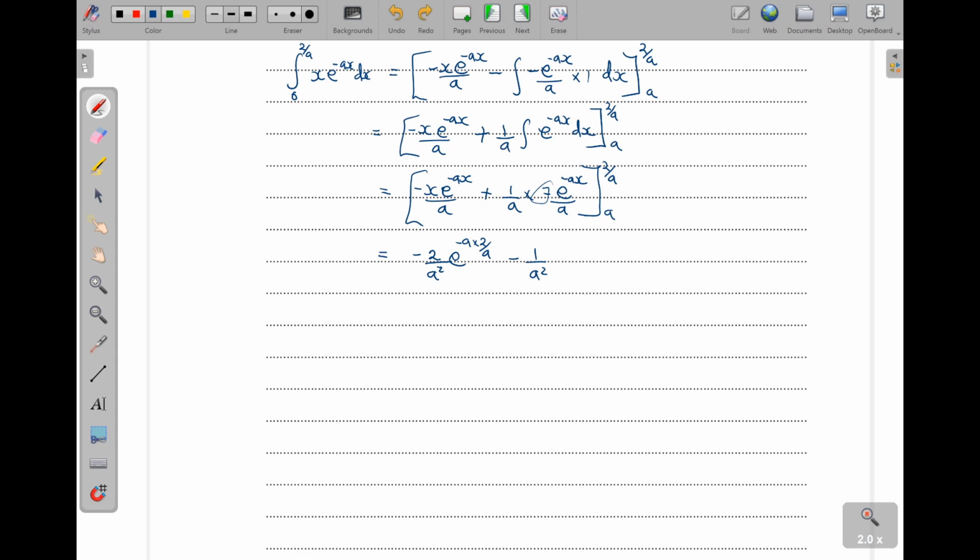That's why I've written minus 1 over a squared. Then e to the power of negative a, then times 2 over a. Then after that we subtract, then we put this lower limit. So we shall have here a, then e power negative a. This will be a squared, then over a.